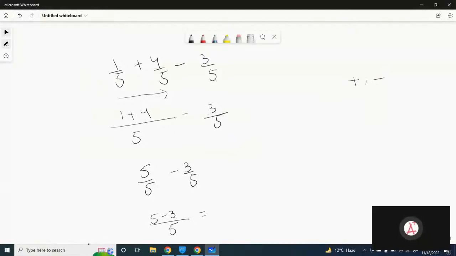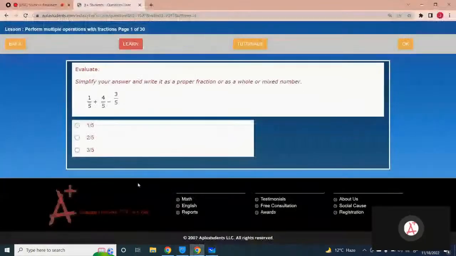It would be 5 subtract 3 is 2. So the answer is 2 over 5. Got it, everyone? It would be 2 by 5. So just select the correct option and click on the OK button.